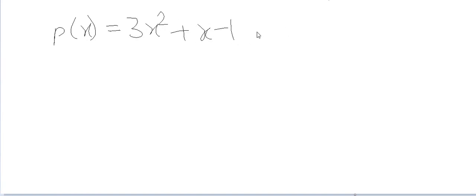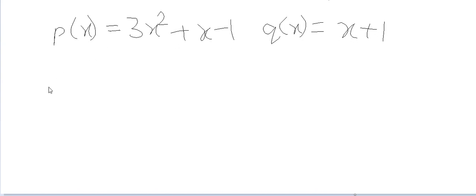But how do we proceed if our divisor is a binomial? That means, for example, let p(x) be a polynomial 3x squared plus x minus 1 and q(x) be another polynomial x plus 1.